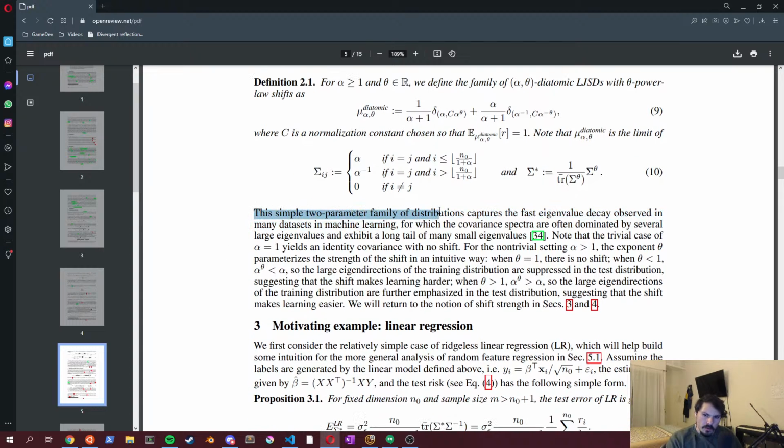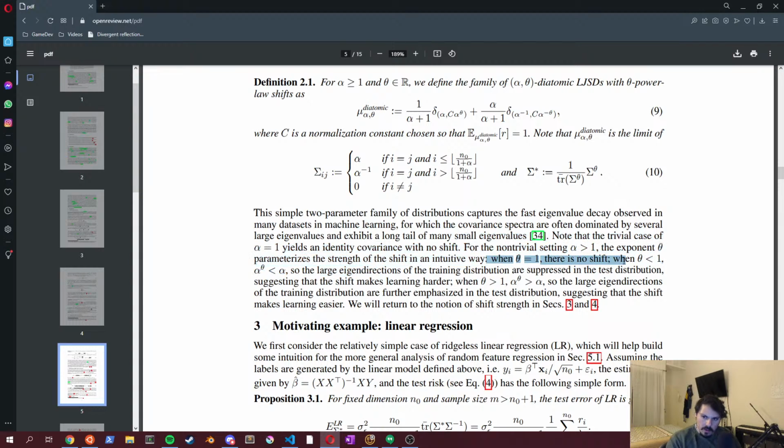This simple two-parameter family of distributions captures the fast eigenvalue decay observed in many datasets in machine learning, for which the covariance spectra are often dominated by several large eigenvalues and exhibit a long tail of many small eigenvalues. Note that the trivial case of alpha equals 1 yields an identity covariance with no shift. For the non-trivial setting, alpha greater than 1, the exponent theta parameterizes the strength of the shift in an intuitive way.